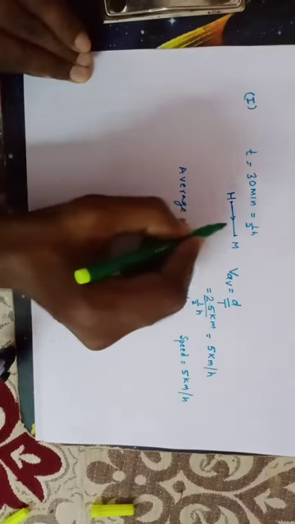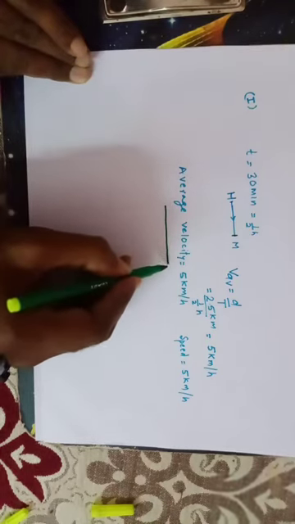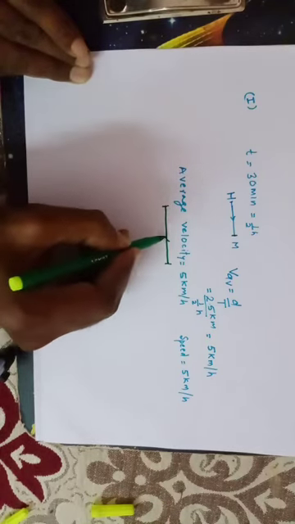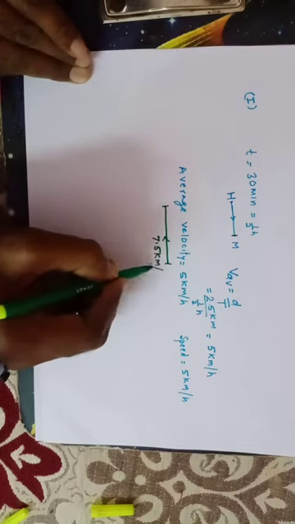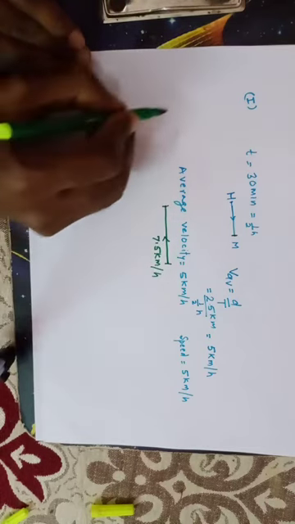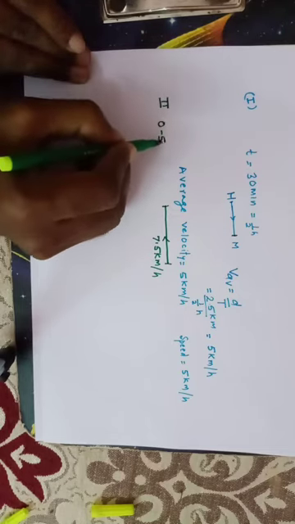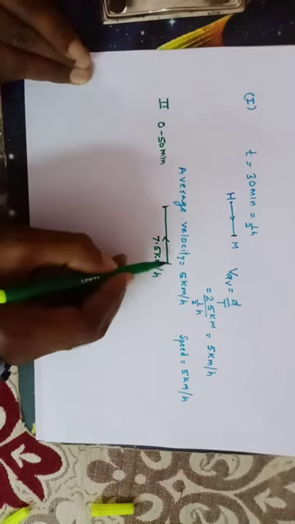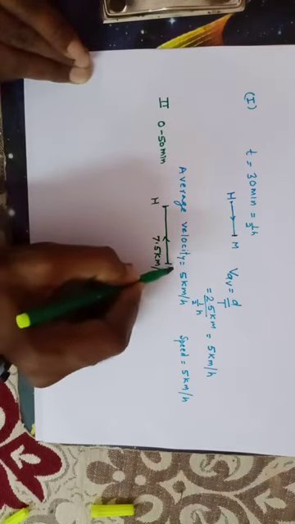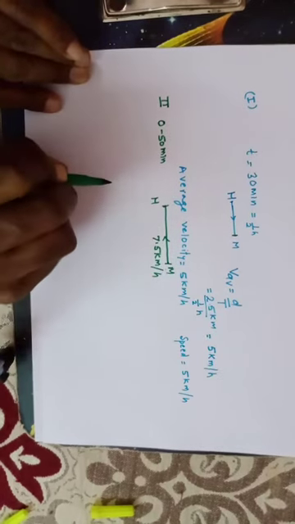Now what happened when he reaches the market? He returns back, and when he returns back, his speed is 7.5 km per hour. So this is the second case, 0 to 50 minutes. In 30 minutes he has reached from home to market. Now from market to home he is coming.